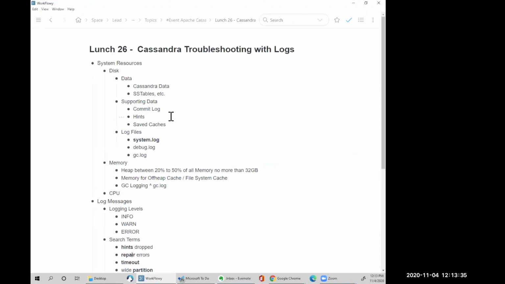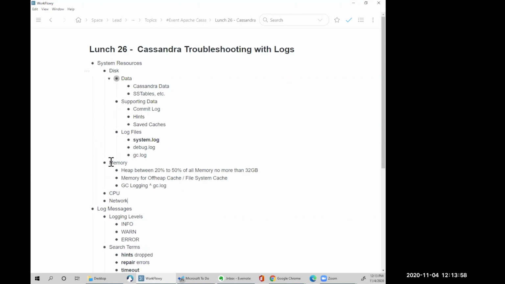So what happens with Cassandra is that when you're in a one node cluster or when you're in a 20 node cluster, ultimately the strength of the cluster comes down to how it's handling disk. I'll also put here network.